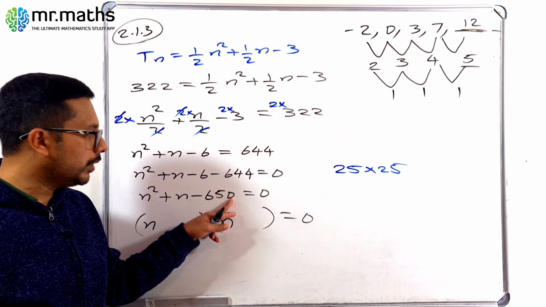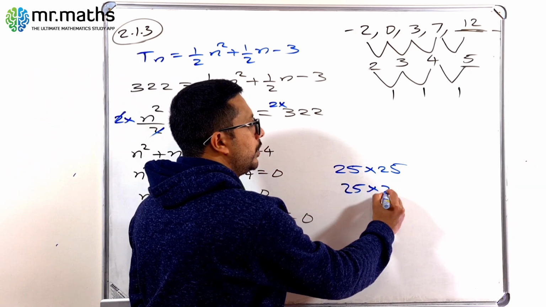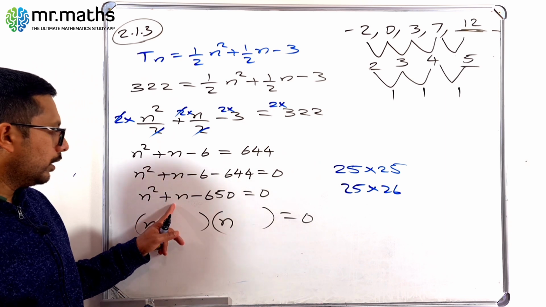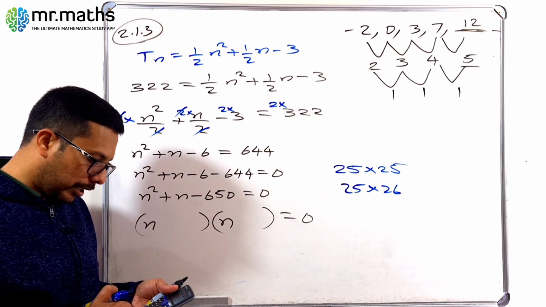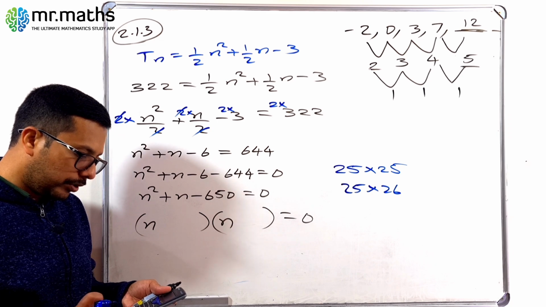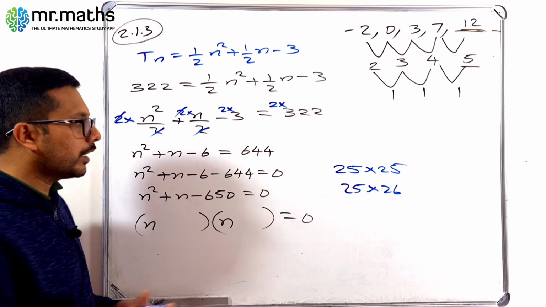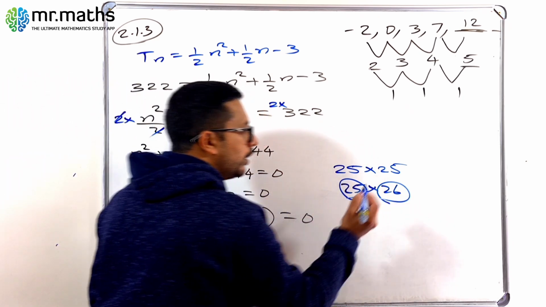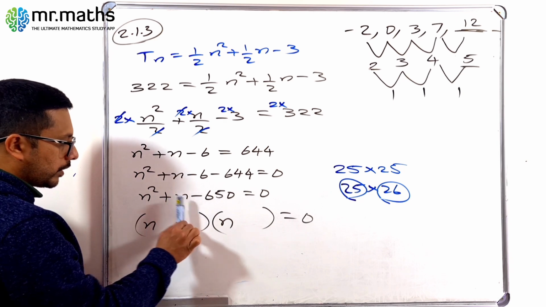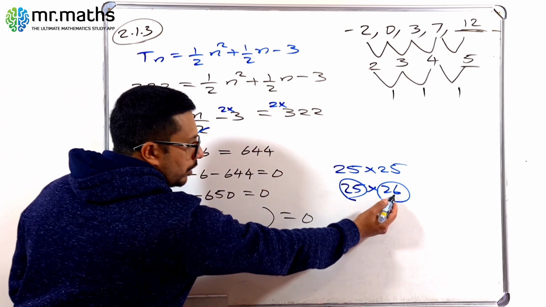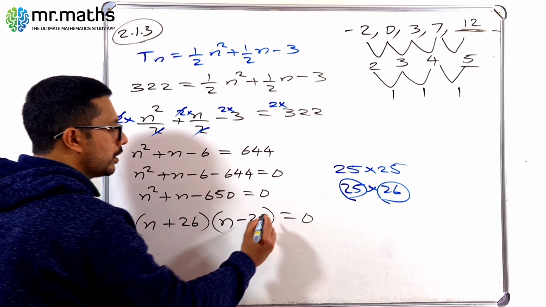Let's check what is 25 times 26, because we know that the numbers must be close to each other. So what is 25 times 26, yeah, 650, so it means that our numbers are 25 and 26, so here we can write, and it is plus, so the bigger number must be 26, so it is plus 26, and this one must be minus 25.